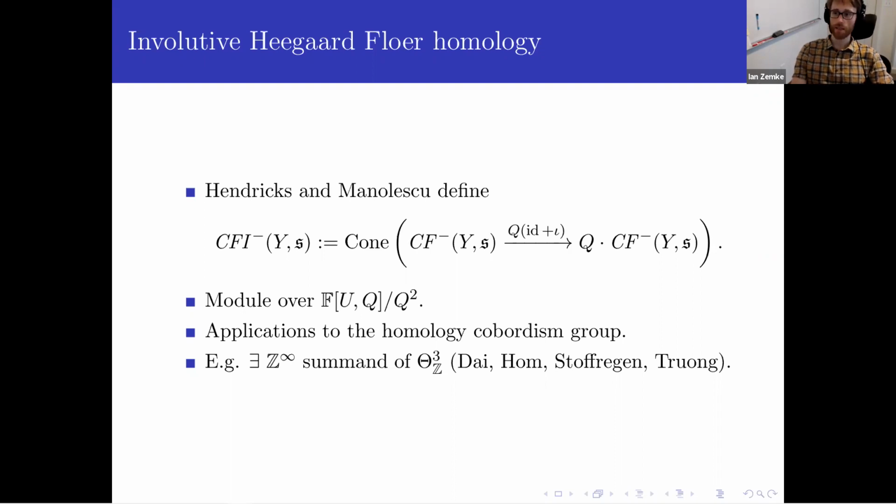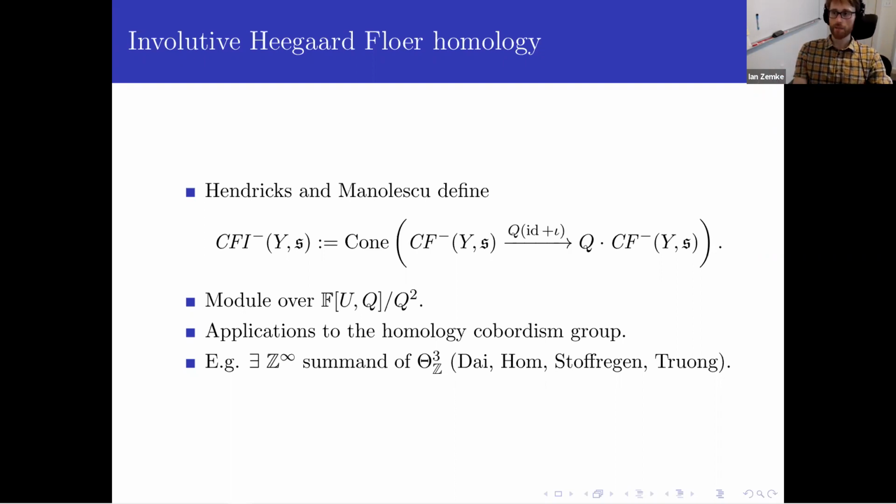That's the only invariant of homology cobordism that you could algebraically abstract. But once you add in the tiniest bit of extra algebraic information, like this Q action, now you can see so much more.